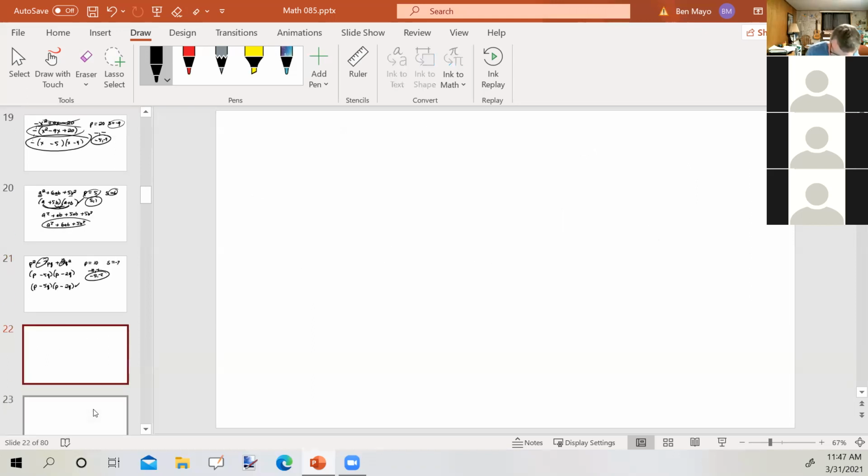Okay. Here we have 3y squared minus 21y plus 18. Now, this is a trinomial, and it is in standard form, descending powers of y. However, it doesn't have a leading coefficient of 1.